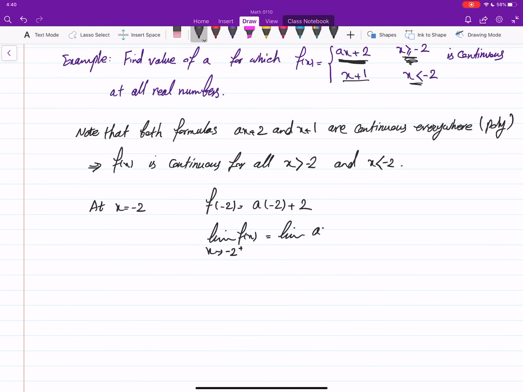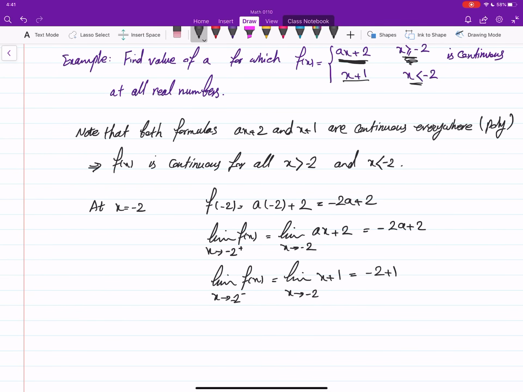I can use ax plus 2 as x goes to -2. And this gives us -2a plus 2 as the value of the function. And for the left one, we have the limit of x plus 1 as x goes to -2. This is -2 plus 1, which is -1.